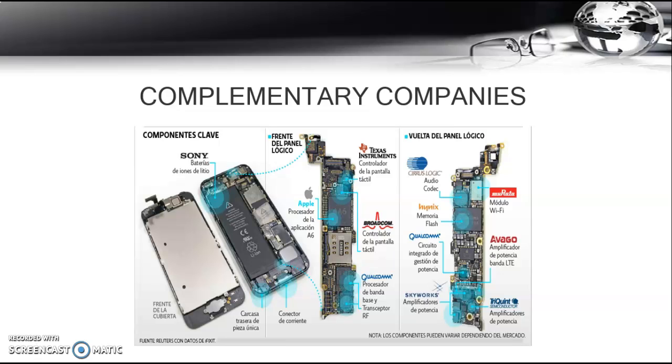For example, complementary companies in the personal computer industry are companies that produce programs to run on these machines. The greater the offer of high quality programs to run on personal computers, the greater the value they have for customers, the greater their demand, and the greater the profitability of the industry that produces them.